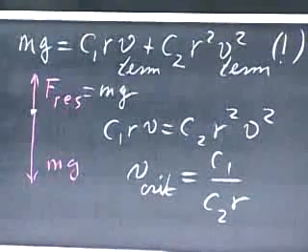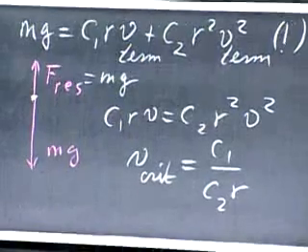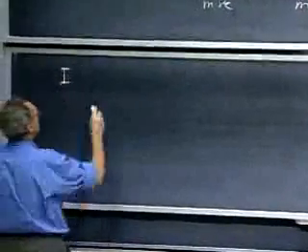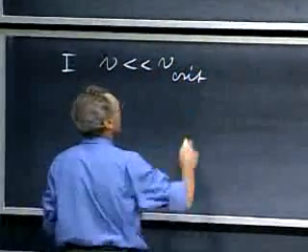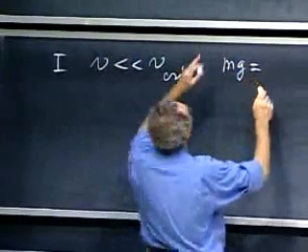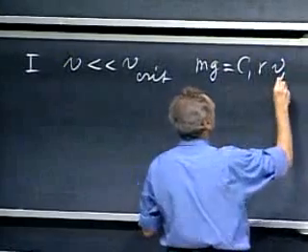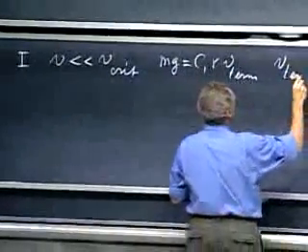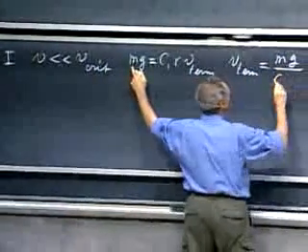Now we're going to make a clear distinction between the domains 1 and 2, the regimes 1 and 2. Regime 1 is when the speed is much, much less than the critical velocity. So we then have that mg equals C1 r v terminal, and therefore the terminal velocity equals mg divided by C1r.